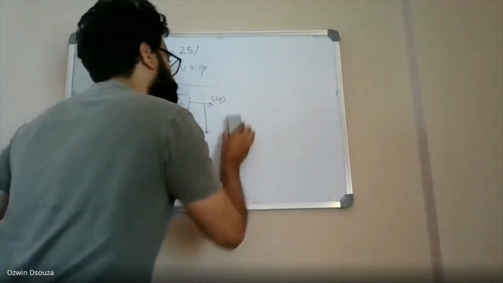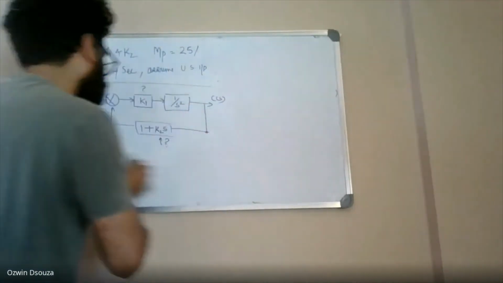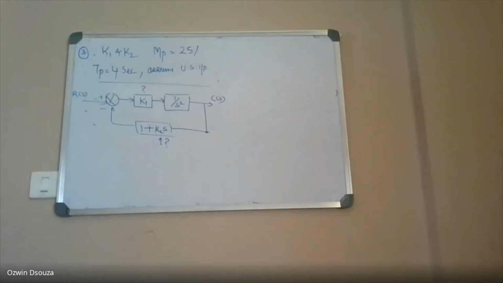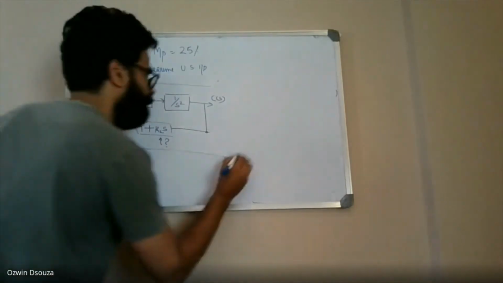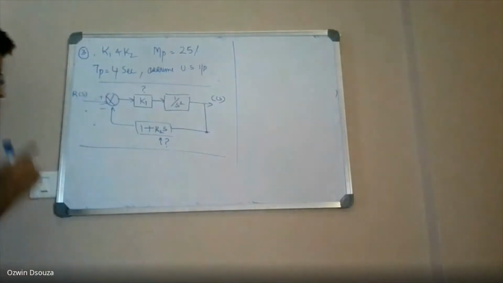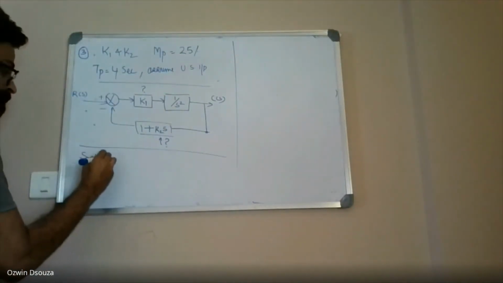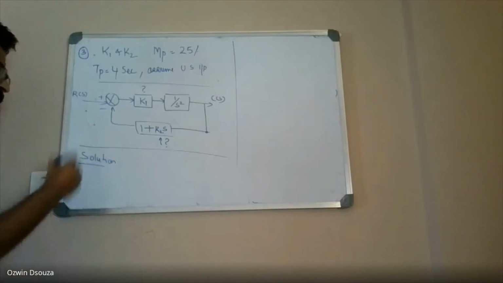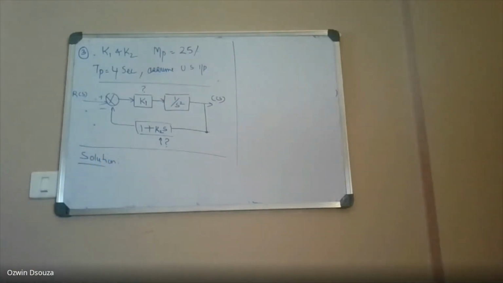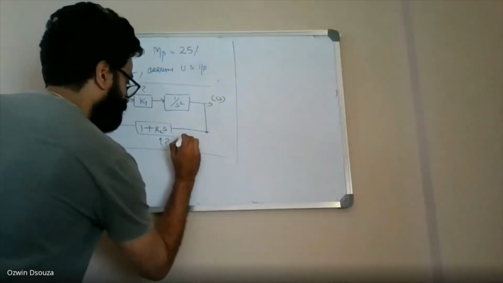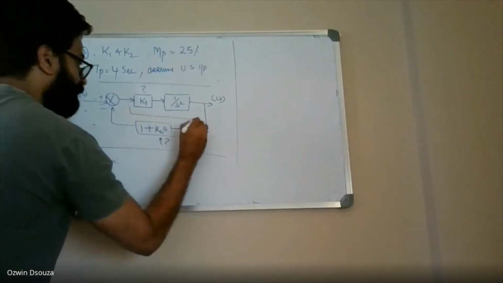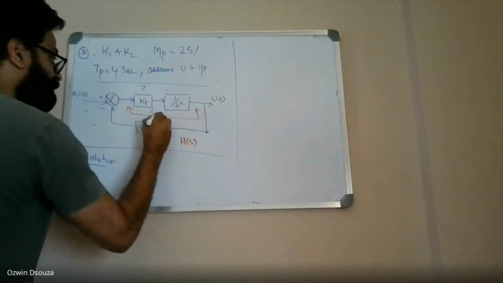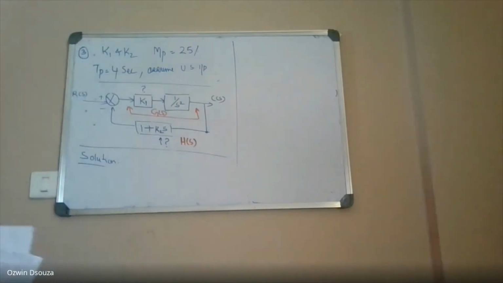Whatever it may be, you will have to start with the closed loop transfer function, right? So that's the first step of the solution. You take the cascaded connection as g of s, and this feedback as h of s.